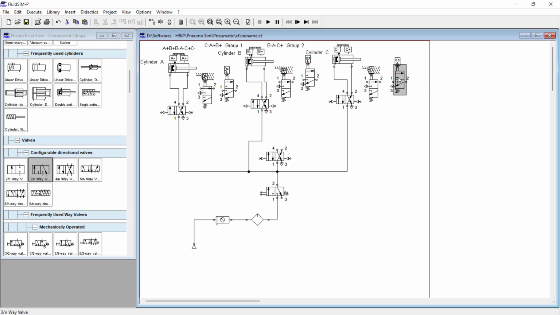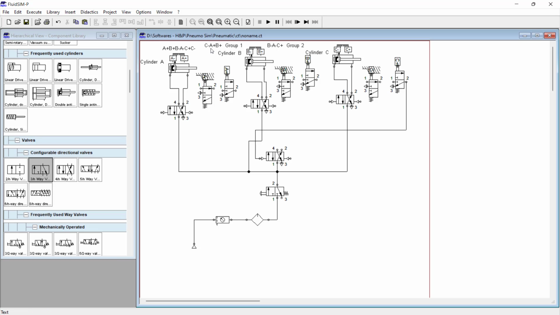So from here I get the signal to change the position of the group changing valve to position 1. Now this group changing valve position 1 will be enabled, so I get the power source or pilot signal from port 4, that will be power line 1.